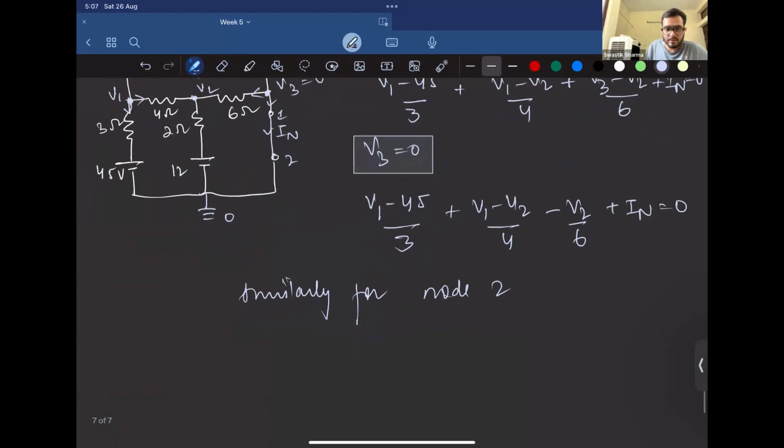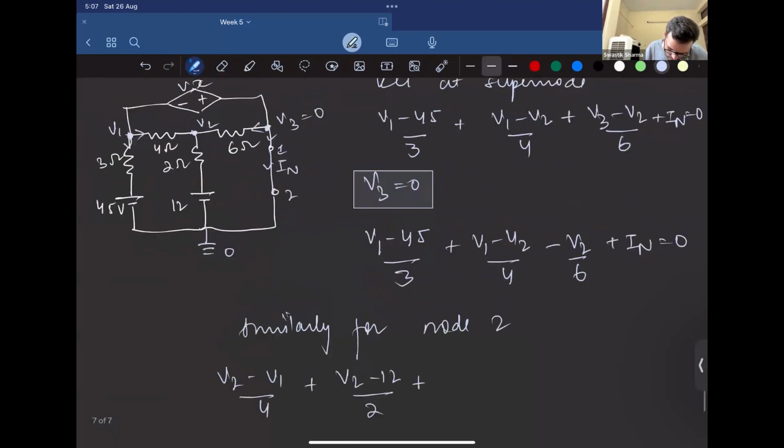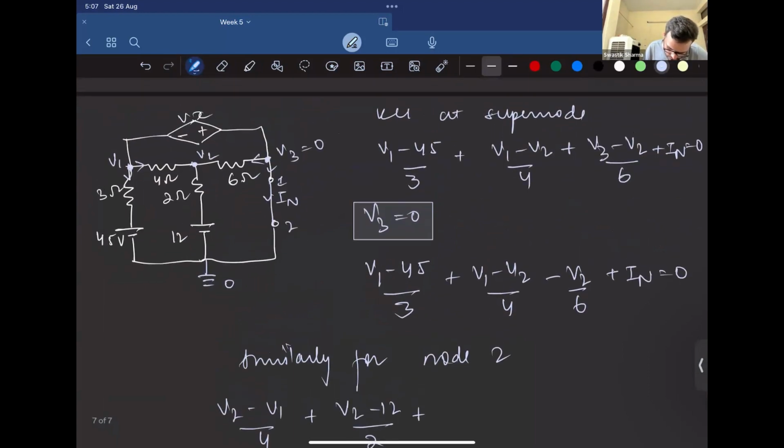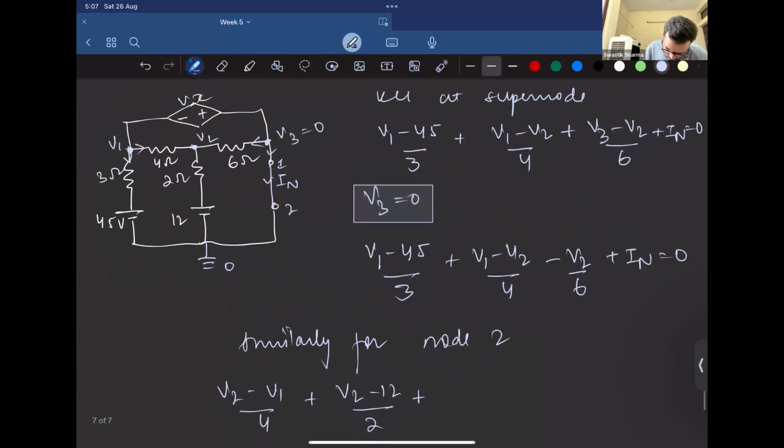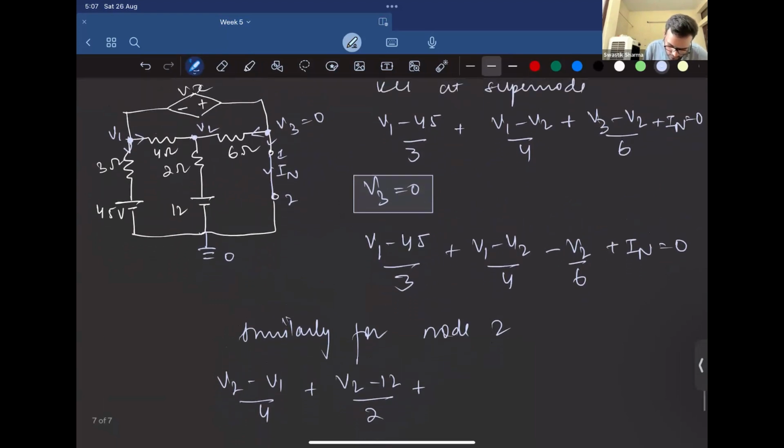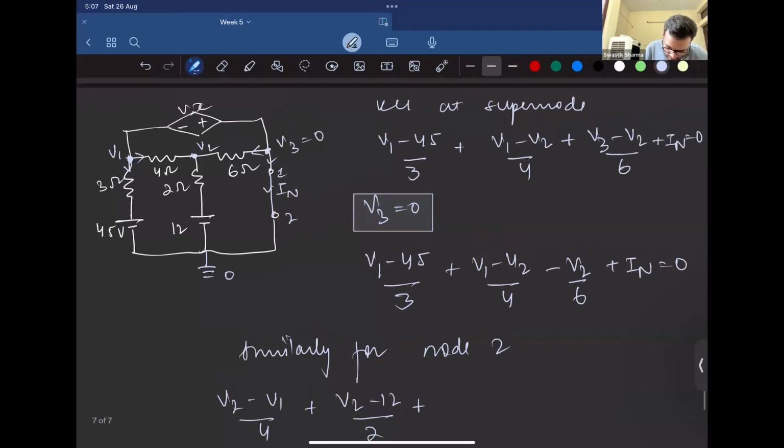So Renessa, did you get the value of Thevenin? If you got it, you can let me know. (V2 minus V1) by 4 plus V2 by 4. Oh, the supernode we also require. So what would be the value?